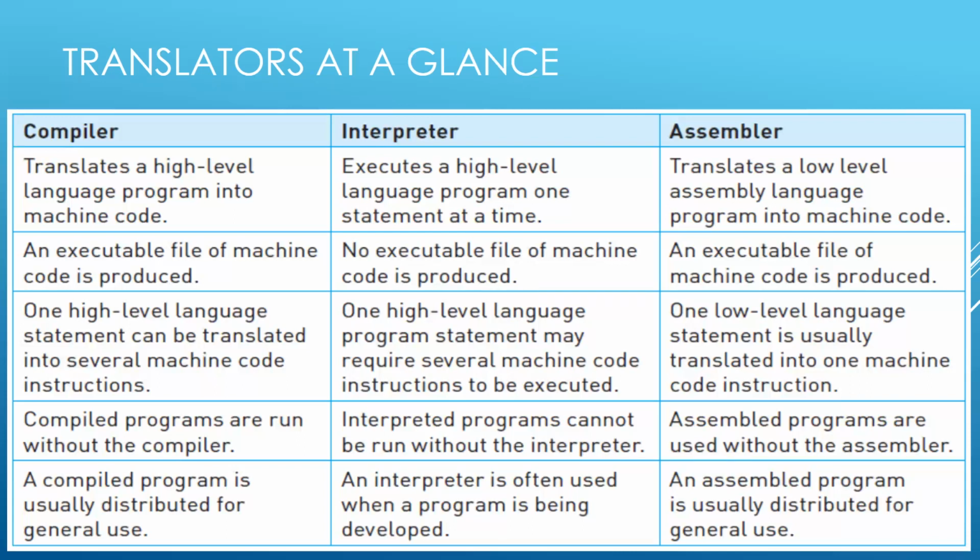As you can see, the compiler and an assembler, they both are creating exe file, which is going to be used. They both are run without the compiler or the assembler, and they both are distributed for general use. Okay. And as far as differences are concerned, it's very obvious. Compiler, which is abbreviated as C for us, just for our sake, is a high-level language translator, while assembler is a low-level language translator. Any ambiguities, any questions before I proceed?